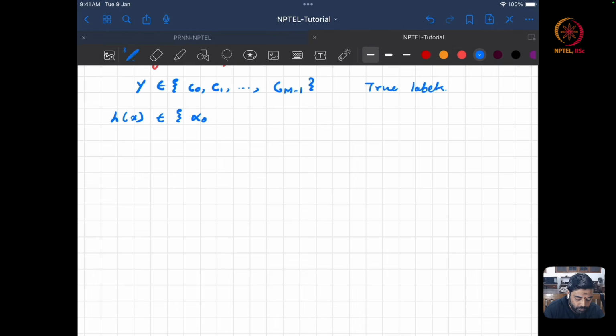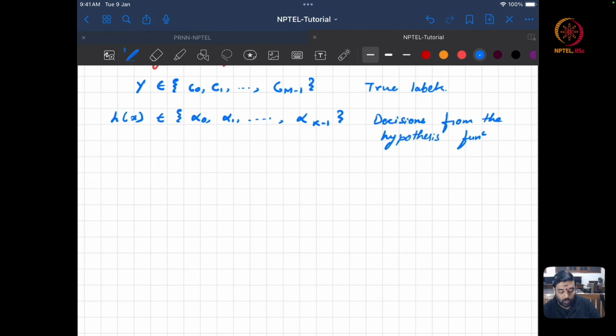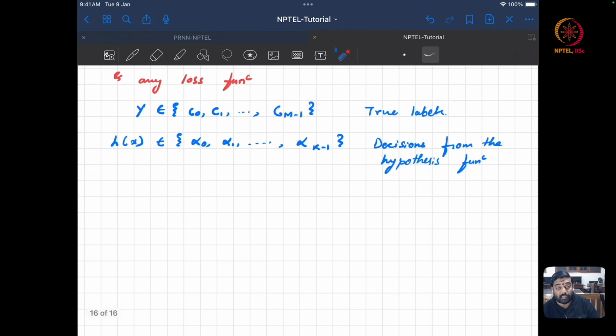They can be alpha 0, alpha 1, and so on till alpha k minus 1. Now these are decisions from the hypothesis function. See, here we are looking at a much more generic case.